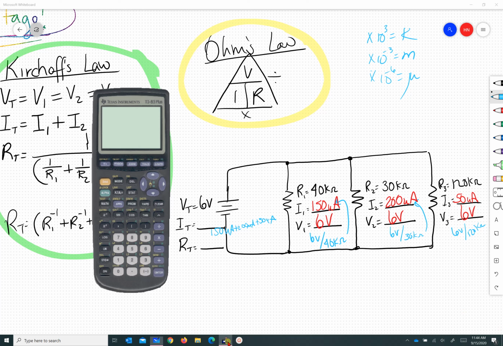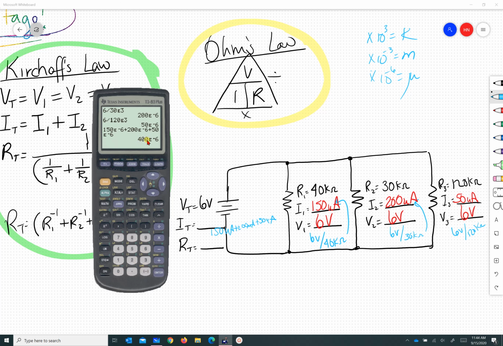Let's plug that into our calculator. So we're going to say 150 times 10 to the negative 6. That's 150 microamps plus 200 times 10 to the negative 6 microamps plus 50 times 10 to the negative 6 microamps.